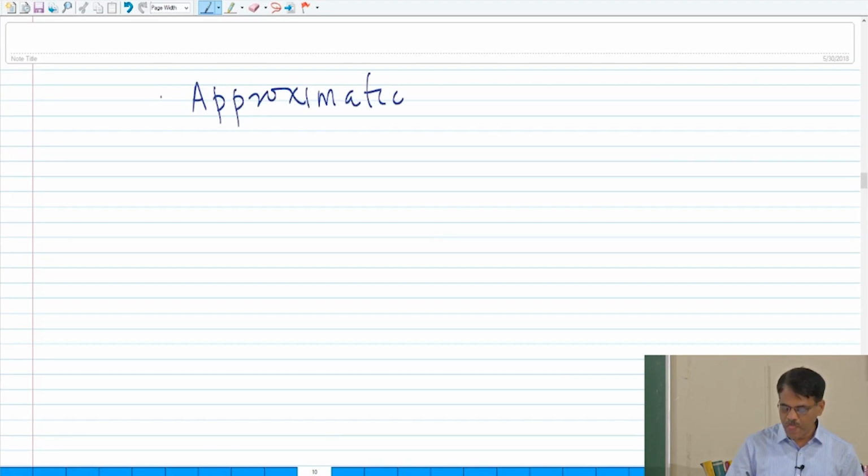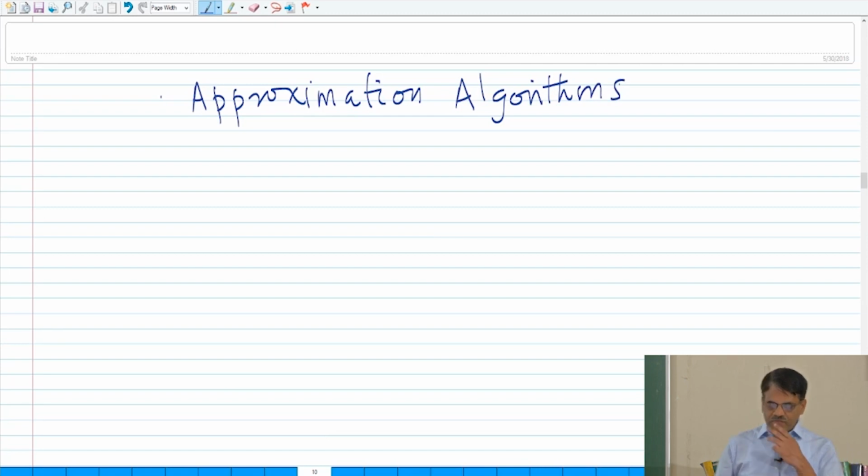Another direction is approximation algorithm, which I'll start from in the next lecture. You've already seen some examples in your problem sheet probably. So this is a very natural thing, right? I think many people were discussing with me, oh, why is TSP so hard?